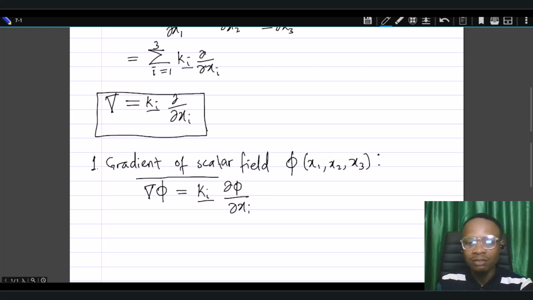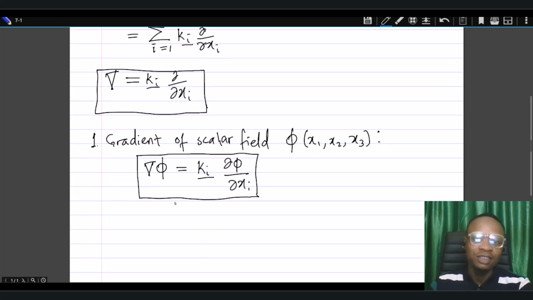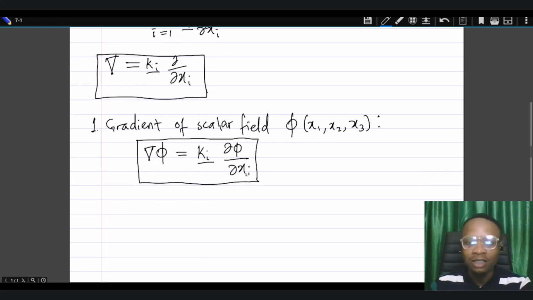That is how we define the gradient of a scalar field. Again, because i appears twice, it is still a dummy subscript and it should be expanded from i equal to 1 to 3. So this conforms with our definition so far. Of course, don't forget that the use of i here is arbitrary and k is just my choice.